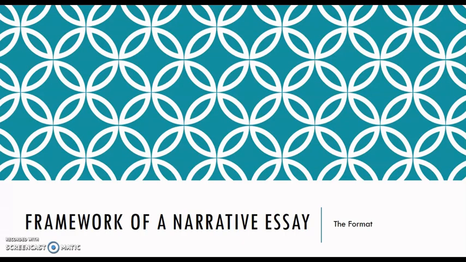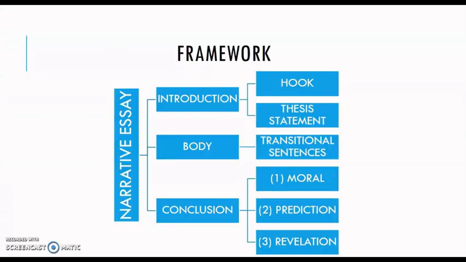Now that we know the essential elements of the story and how to sequence or organize the events, let's have a look at the general framework of a narrative essay, the format itself. Any narrative essay should have three parts: the introduction, the body paragraph or paragraphs, and a conclusion.